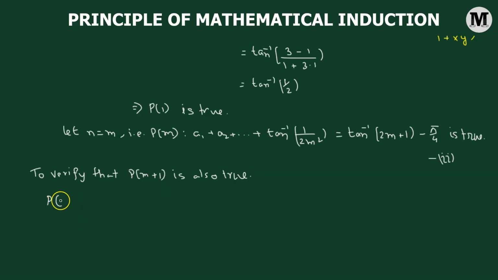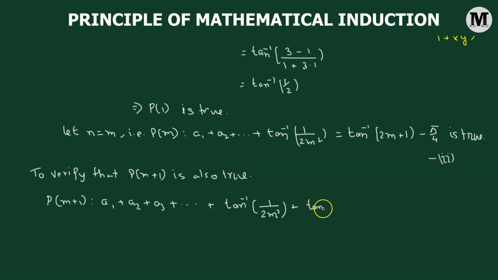If we write it down, this statement is going to be the first term added to the second term, added to the third term, going all the way up to the term tangent inverse of 1 over 2m squared. However, this is the second last term. This is not the last term. To get the last term, we have to replace m with m plus 1.